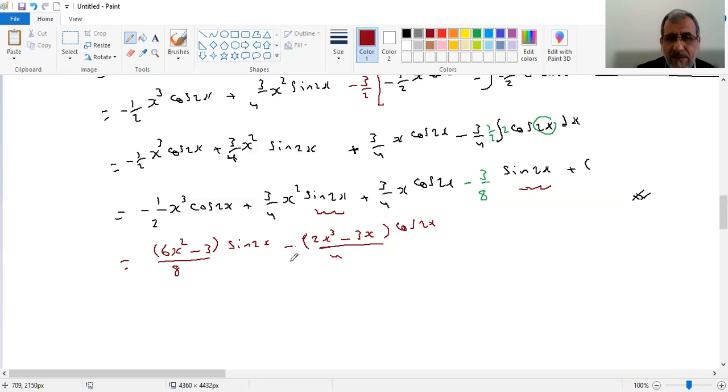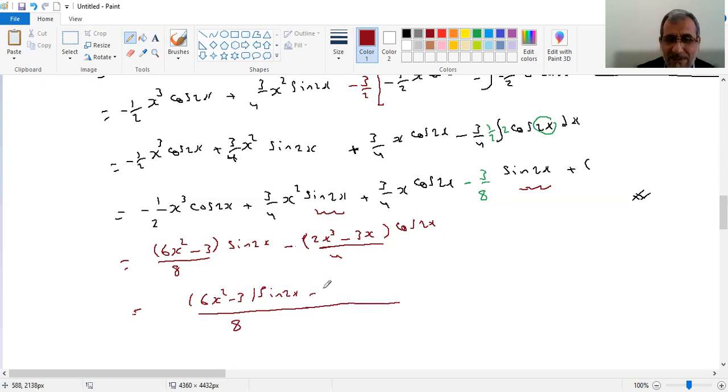Okay, even you can write all of them over 8. You can write over 8, 2 by 2 can multiply to be over 8. And this one I can write in this way. This one all over 8. So I got here 6x squared minus 3 sine 2x, and minus 2 by 2 here if you multiply.